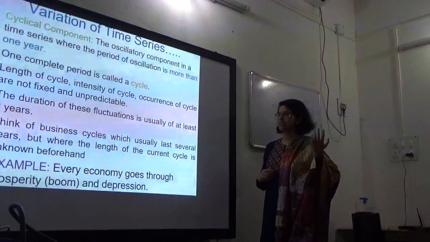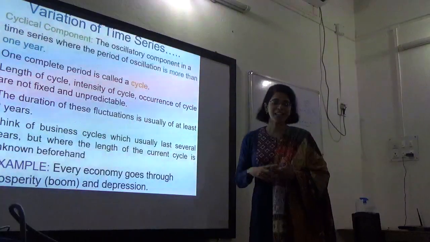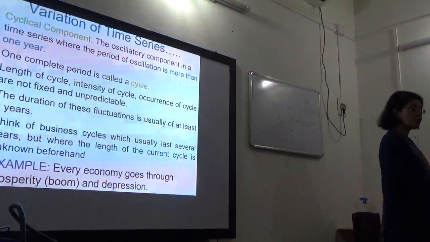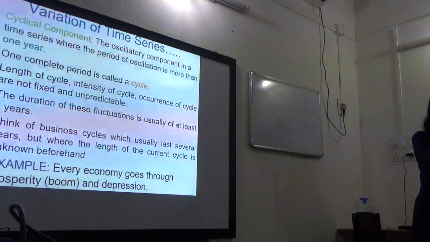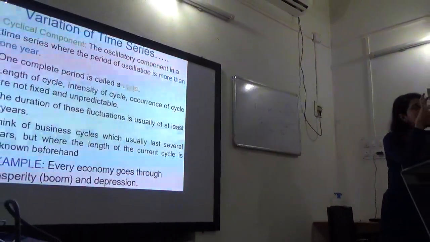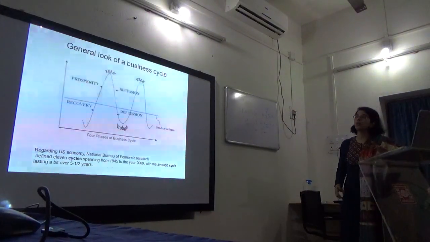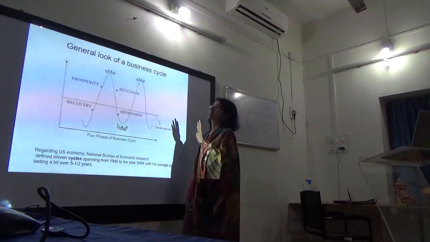All of you were really curious to know about the cyclical component or cyclical variation. Here is the concept of cyclical variation. As I told you, the period of the cyclical variation is greater than 2 years. Now think about the world economy. I don't know how much you are familiar with the spectrum of world economy. World economy goes through 4 types of phases, and that is called the business cycle.